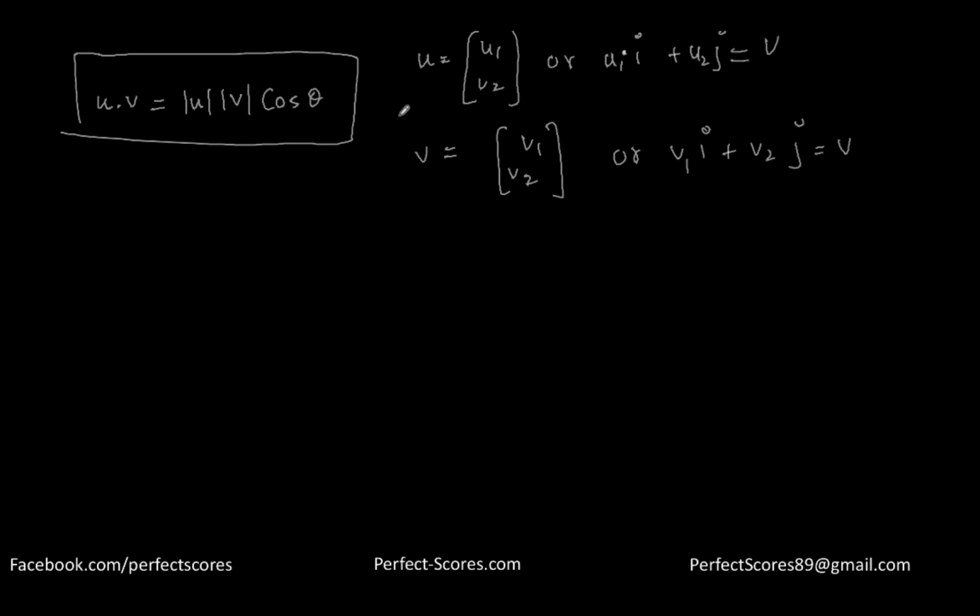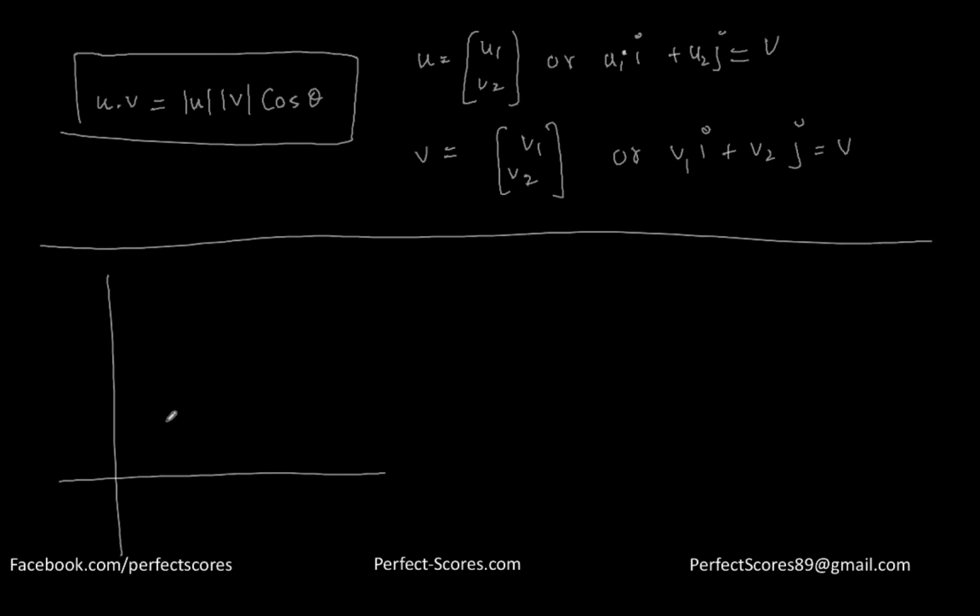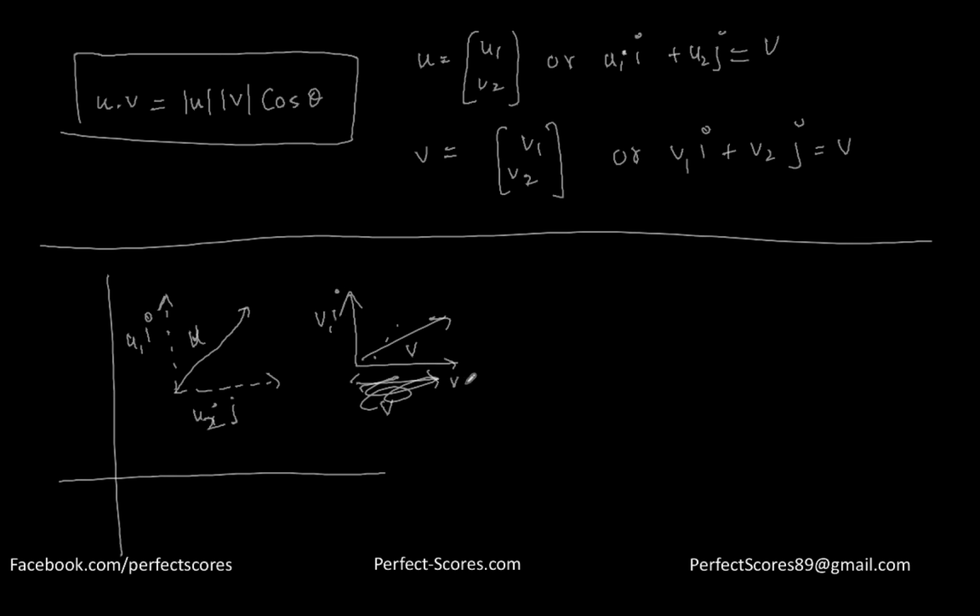Geometrically, this would be vector u1i and this would be vector u2j. Similarly, if this is vector v, then this is going to be v1i and this is going to be v2j.